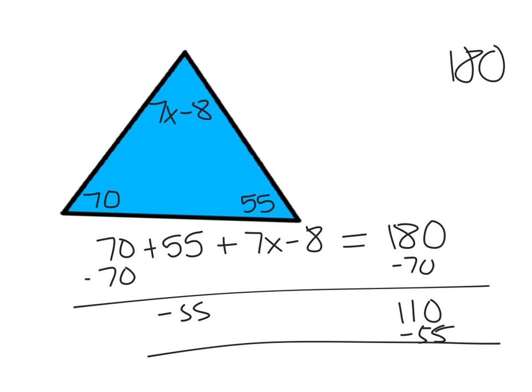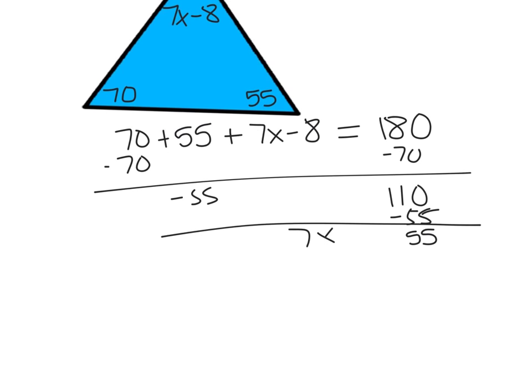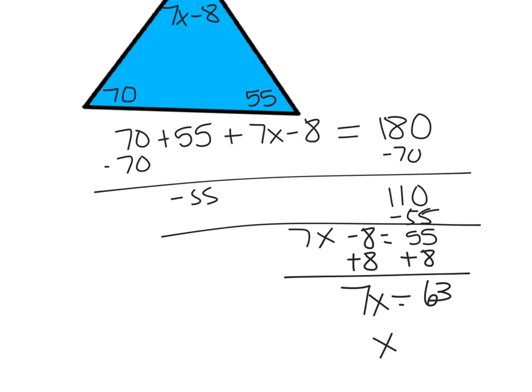It's going to give me 55, 7x minus 8. All right, now we're going to add 8 to both sides. That gives me 63. 7x equals 63, so x equals 9.